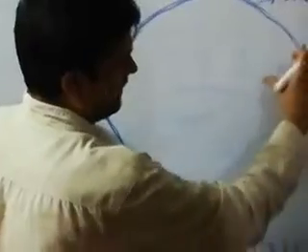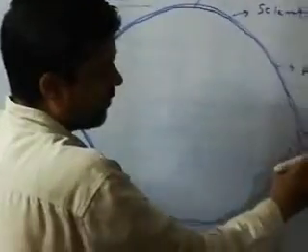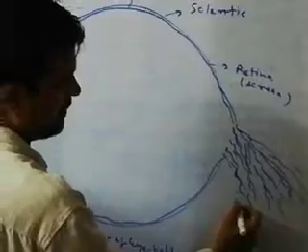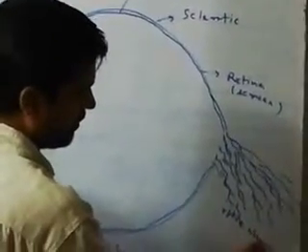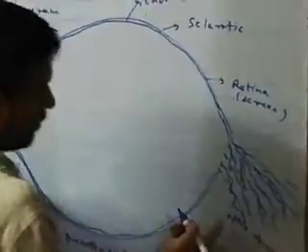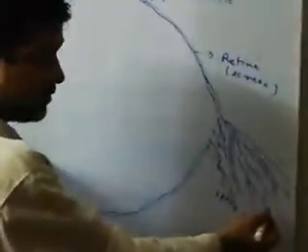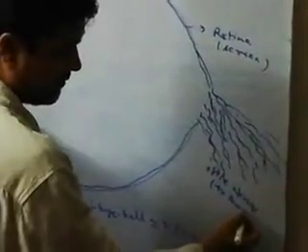The retina is connected to, or ends with, optic nerves. Optic nerves send the electrical signal to the brain, where the brain interprets the signal.